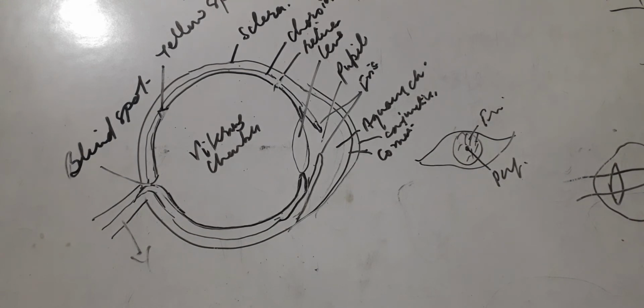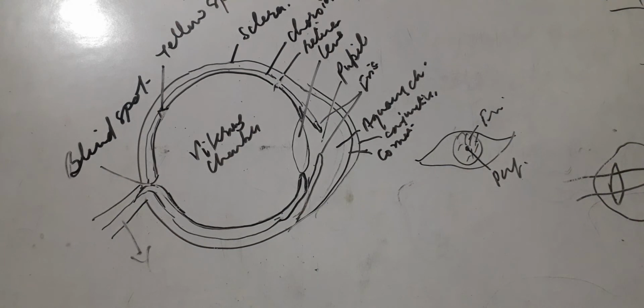If any object is near the eye, these changes in the shape of the lens are brought about by the ciliary muscles. In the normal condition, the lens remains stretched by the suspensory ligaments and is less convex. When we look at a nearby object, the ciliary muscles contract and pull the ciliary body slightly forward, and this releases the tension on the suspensory ligament.